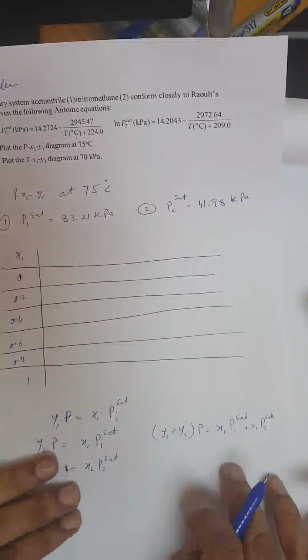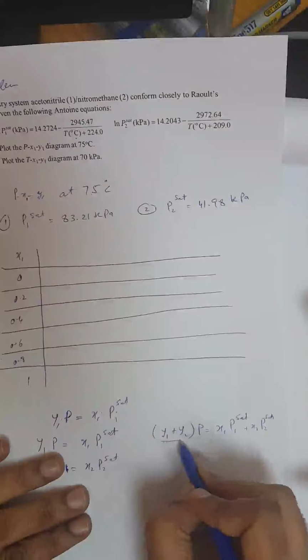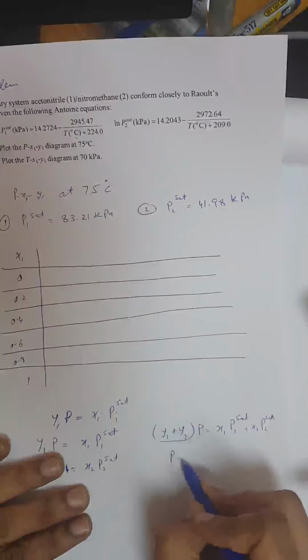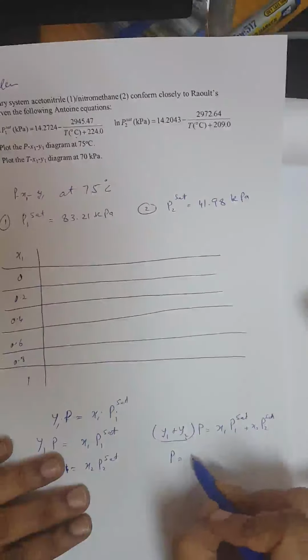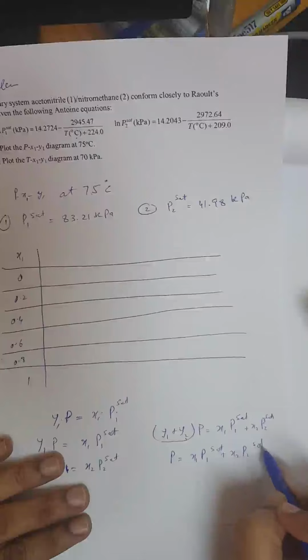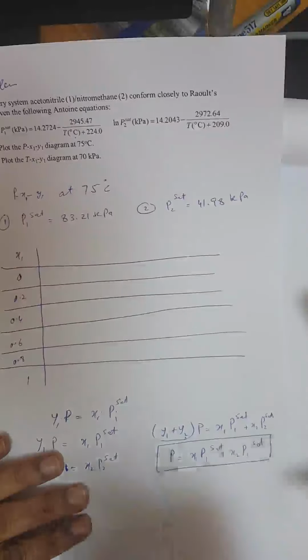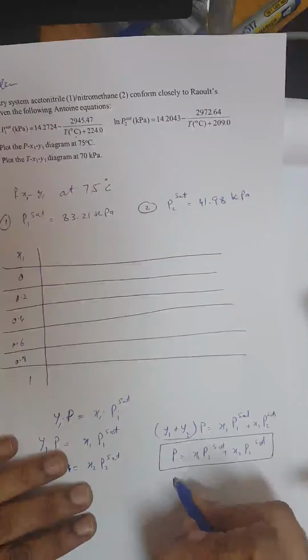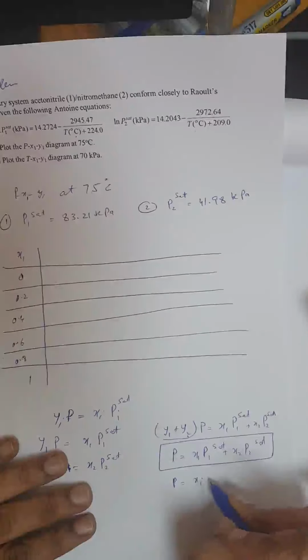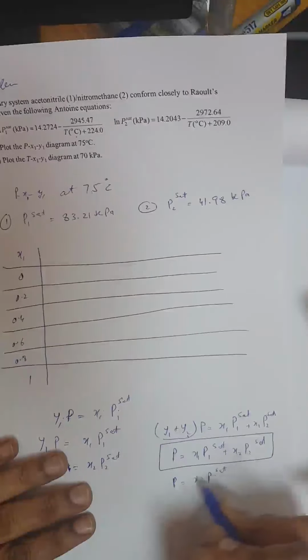You can see, the sum of mole fraction will be equal to 1. So the equation comes out to be P equal to X1 P1 set plus X2 P2 set. So you can generalize P is equal to sum of Xi Pi set.